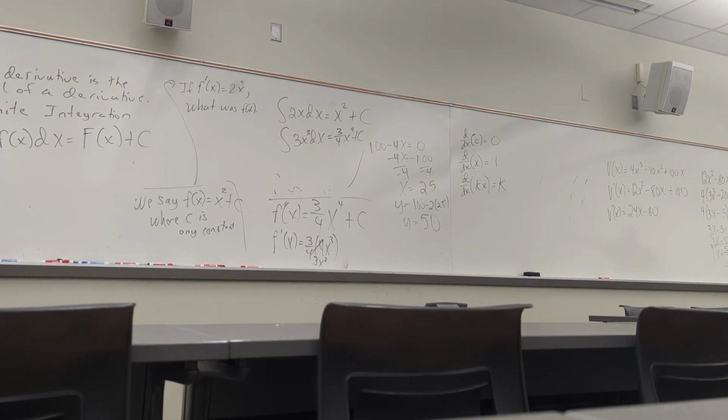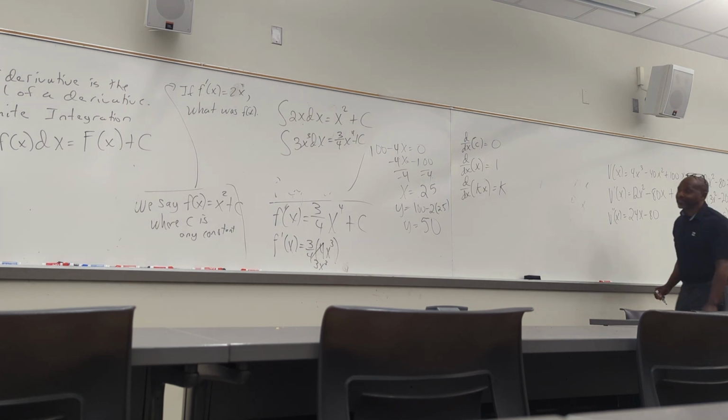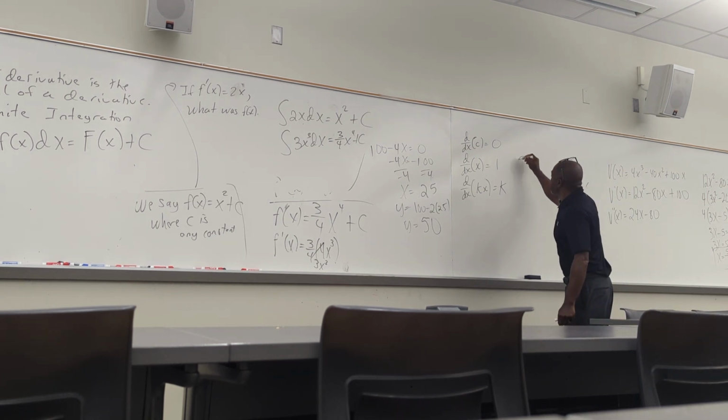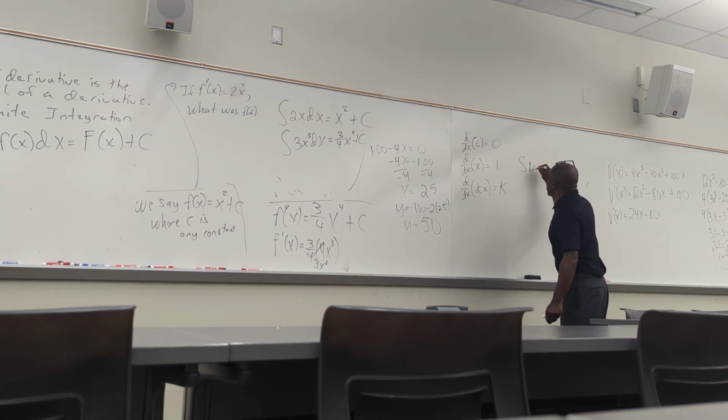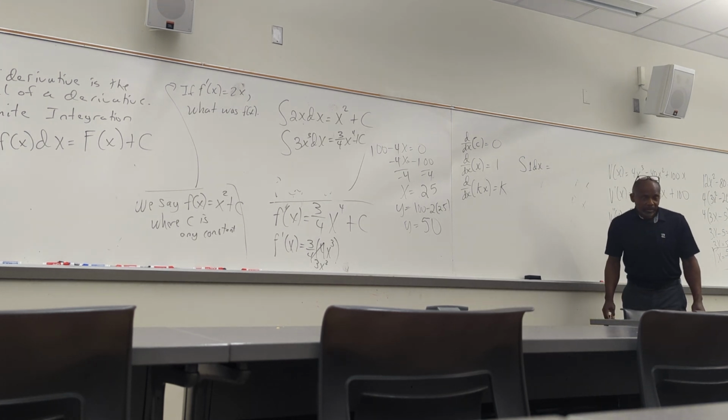Now remember, I just told you the derivative goes one way; antiderivative is going back what? The other way. So let's do this real quick. If I ask my class to integrate 1 dx, where should I go back to?